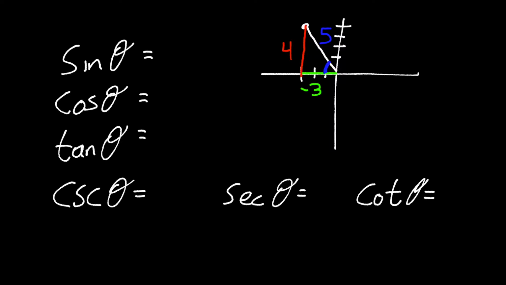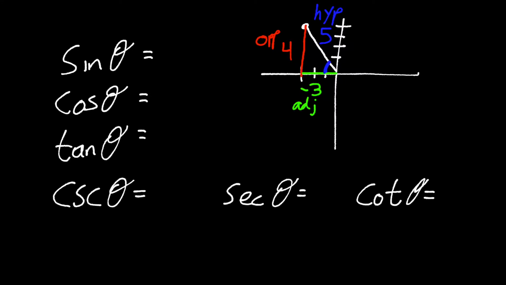So, for sine of theta, if this is my angle, that means 4 is the opposite side, -3 is the adjacent side, and 5 is the hypotenuse, which we've been calling it all along.